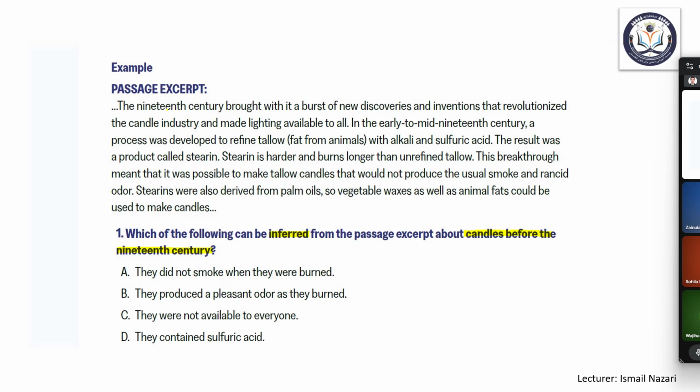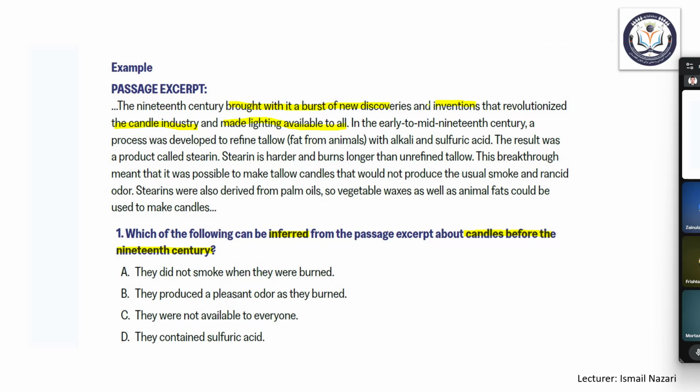Basically, the first sentence of this passage excerpt is about the candles before the 19th century. Here we have: the 19th century brought with it a burst of new discoveries and inventions that revolutionized the candle industry and made lighting available to all. So here we have new discoveries, meaning discoveries that did not exist before, and inventions again.